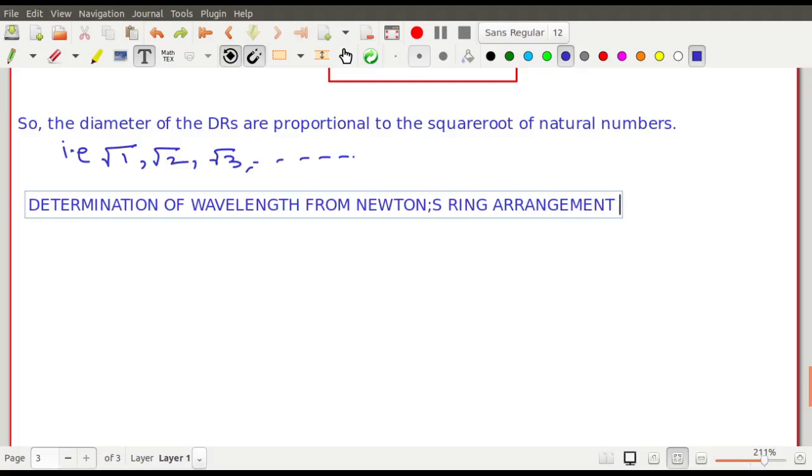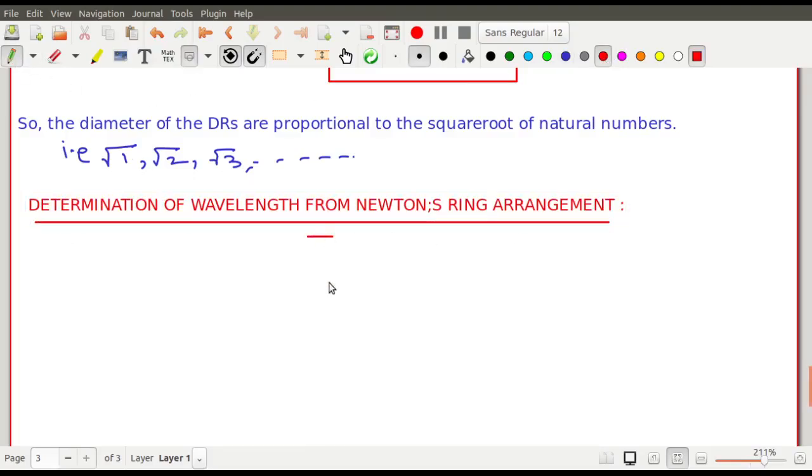One of the important applications of the Newton's ring experiment. I will start from the diameter of the bright ring. What is the diameter of the bright ring or the dark ring? Anyone you can use.